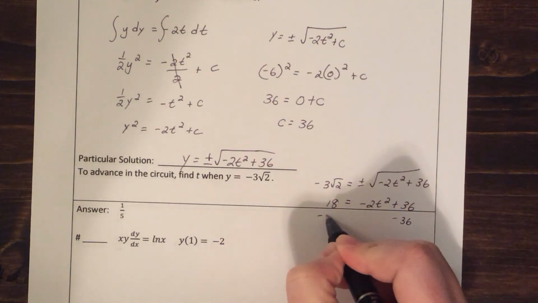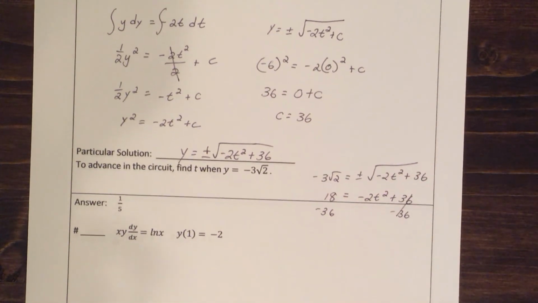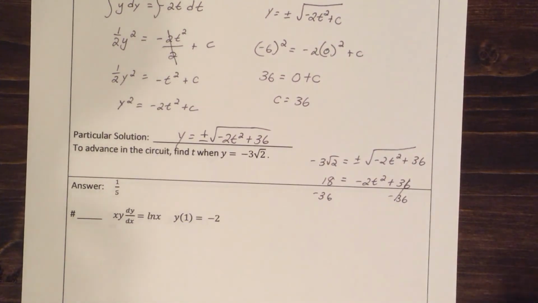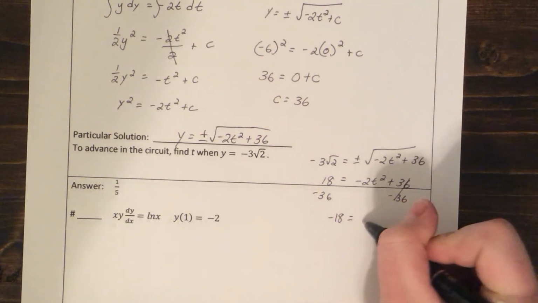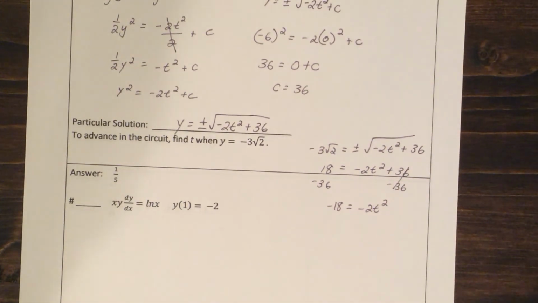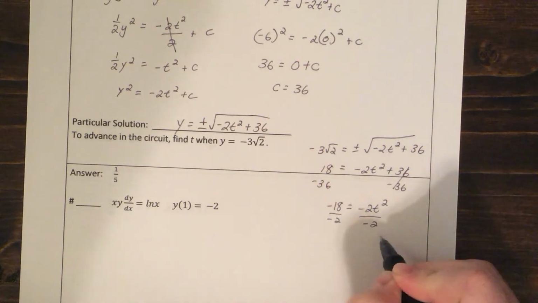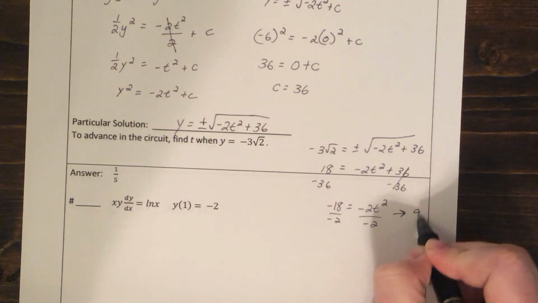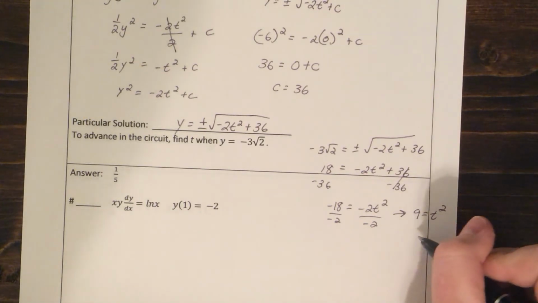Then I'm going to solve for t. So we have negative 18 equals negative 2t squared. Divide by negative 2. So we're going to get 9 equals t squared.